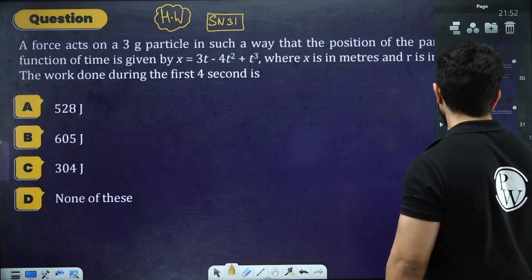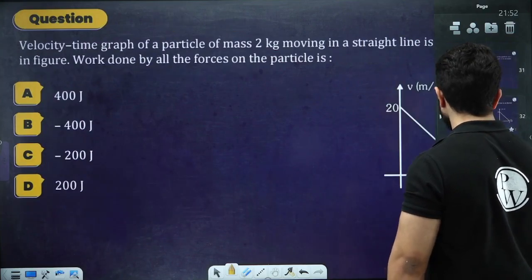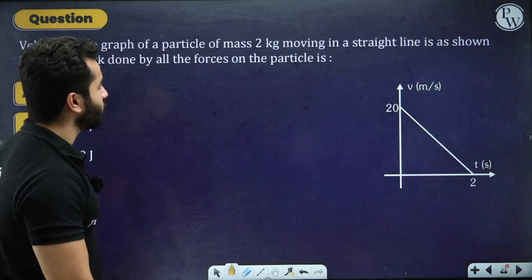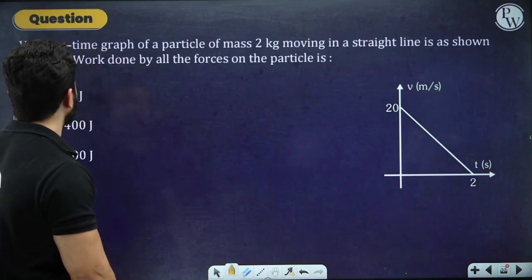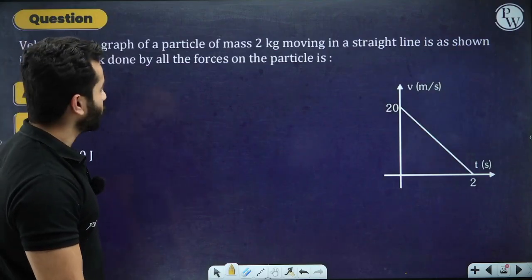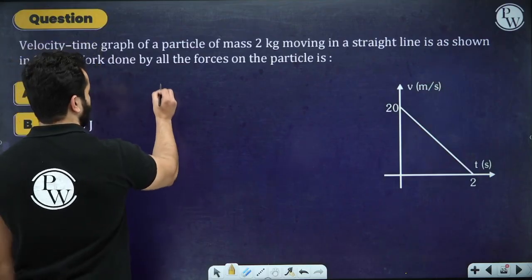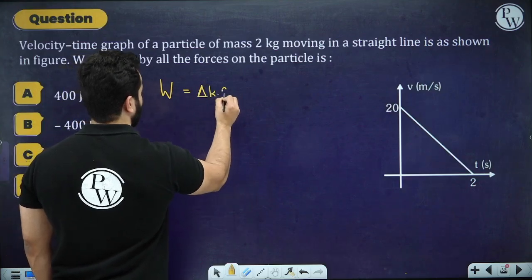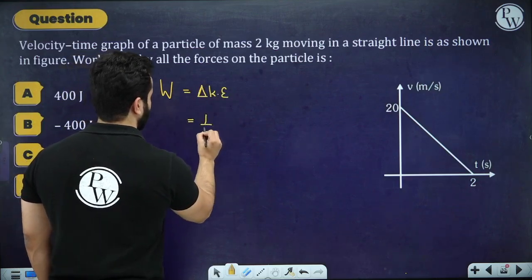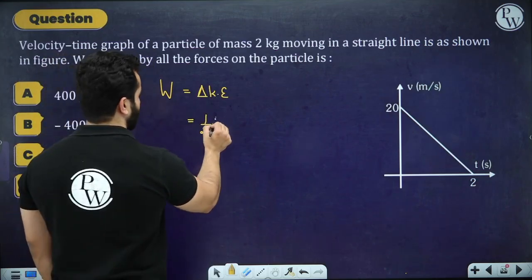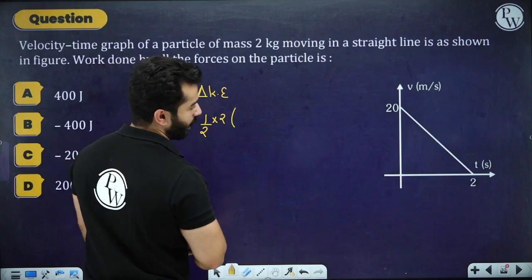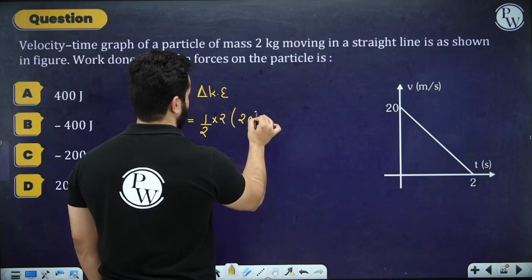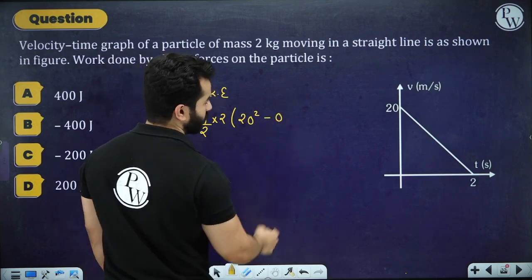By the way, this one, I have given you in homework. This one is a velocity time graph for a particle of mass 2 kg moving in a straight line, as shown. Find the work done by the forces. So work done by all the forces is going to be equal to the change in kinetic energy. That's all you will have to do. So half, mass is 2 kg, and this is the square of 20 minus 0.